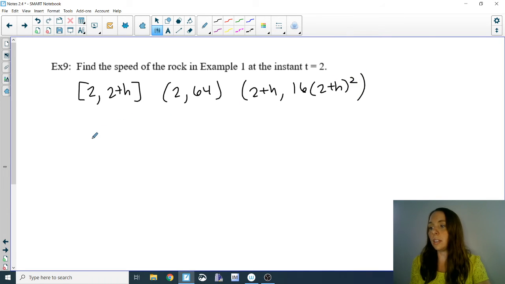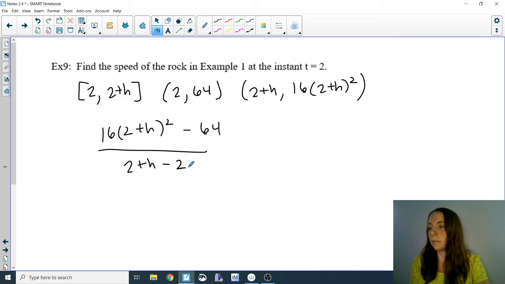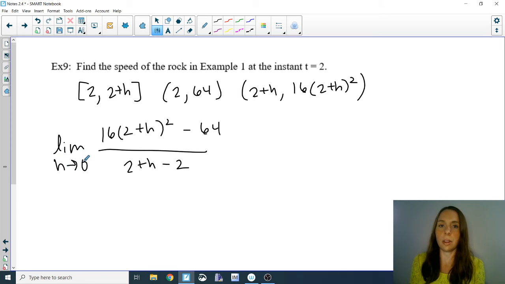And we just did y2 minus y1 over x2 minus x1. Okay, so that should all be familiar stuff. Setting up ordered pairs, doing slope between 2 points. That's all algebra. The calculus comes in with this limit. And it says h goes to 0, not x.